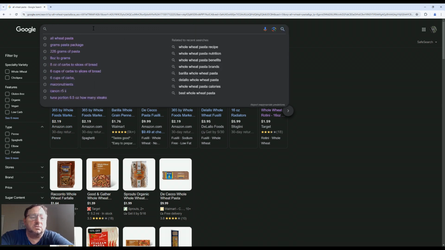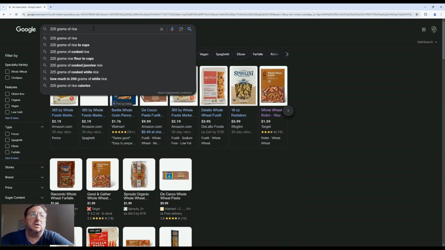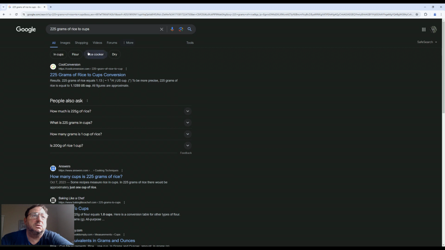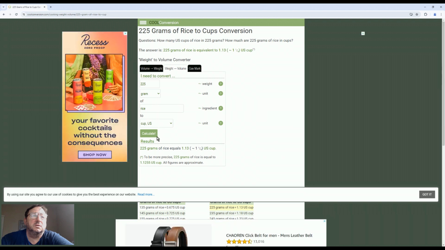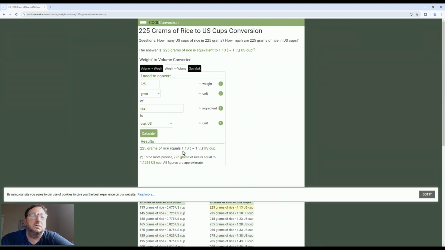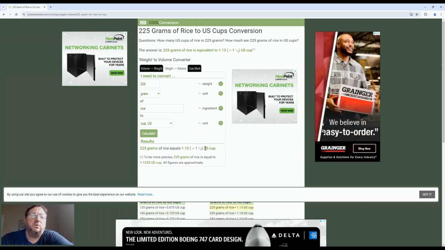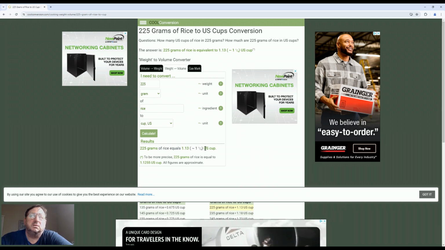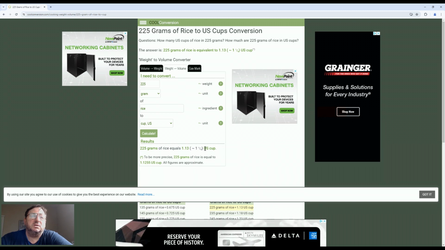So 225 grams of rice, 2 cups. Okay. 200 grams, okay. Calculate. Equal 1 and 1/4 US cup. So in case of rice, 1 and 1/4.